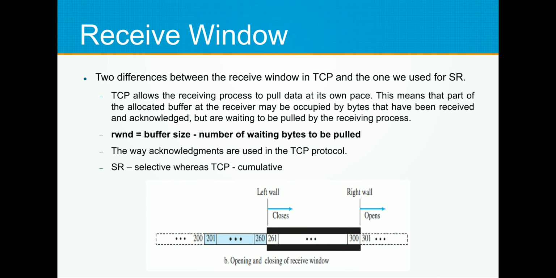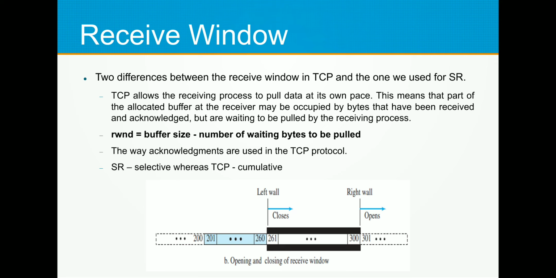Now this can give feedback to the sender saying that currently my receive window size is 40 bytes. Don't send data that is much larger than 40 bytes, otherwise I cannot hold that data. Another difference between the receive window in TCP and the receive window in selective repeat is the way acknowledgements are used.